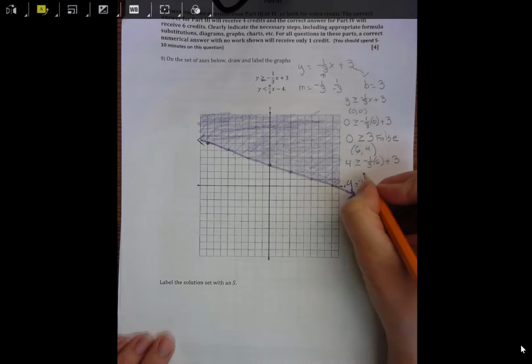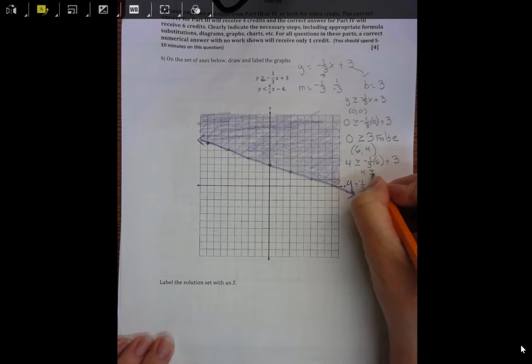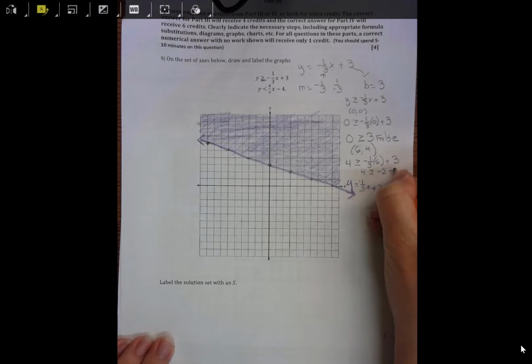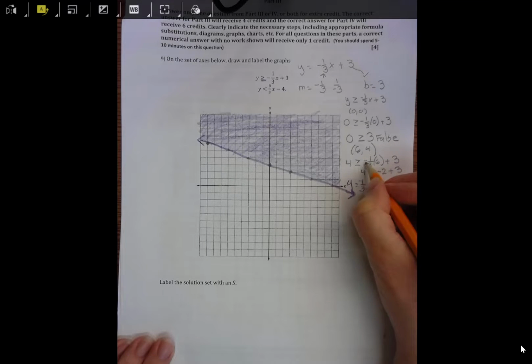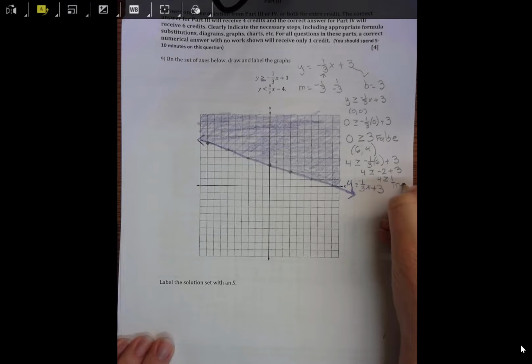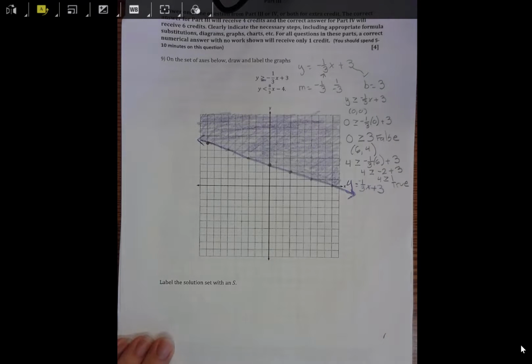So this would be, is 4 greater than or equal to negative 2 plus 3? 6 divided by 3 is 2, and since it's negative, it's a negative 2 plus 3. So is 4 greater than or equal to 1? That is true. So we know we shaded the right side of the line.